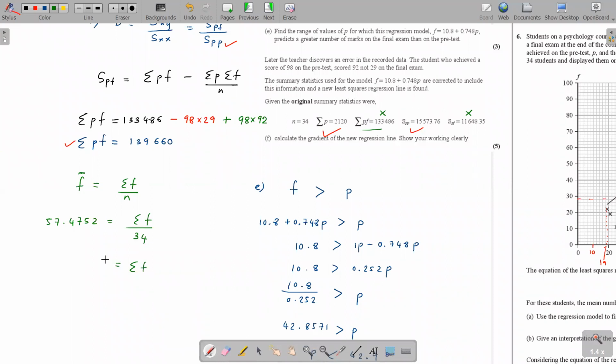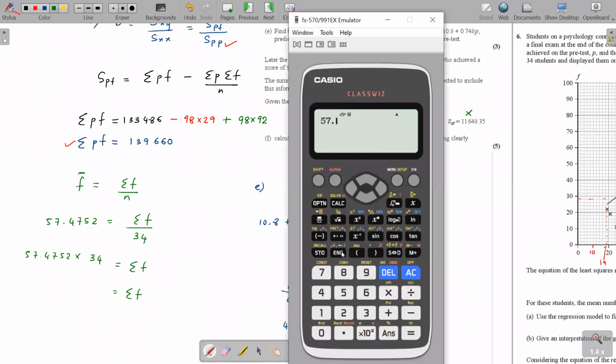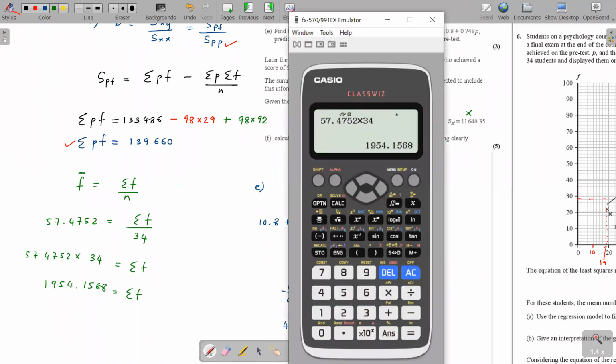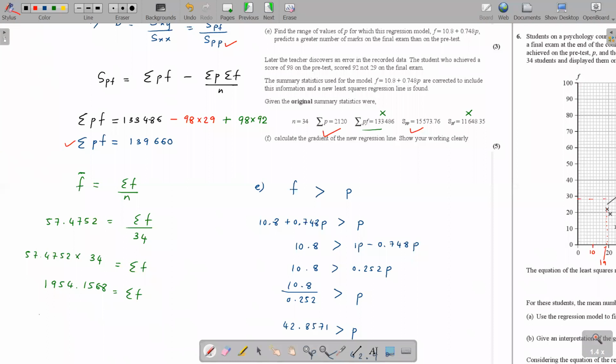Multiply 57.4752 with 34, and we get 1954.1568. Am I correct? This is the value I get, 1954.1568.